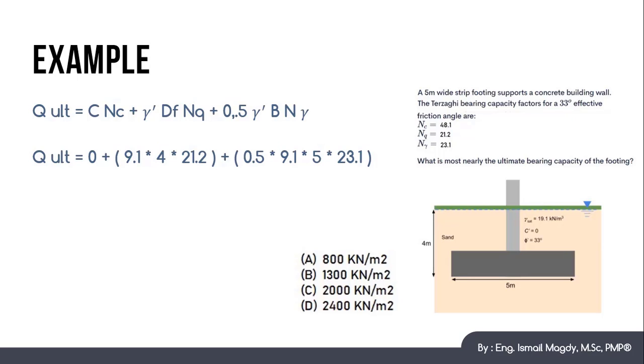The gamma saturated here equals 19.1, so the gamma effective will equal 9.1 multiplied by 4, which is the depth of this foundation, multiplied by 21.2, which is Nq, plus 0.5 multiplied by 9.1, which is gamma effective, multiplied by B, which is 5 meter, multiplied by 23.1. So all of this will equal 1297 kilonewton per meter square.